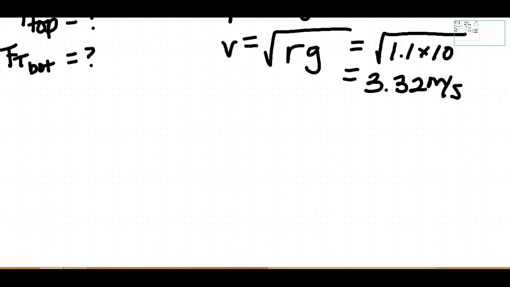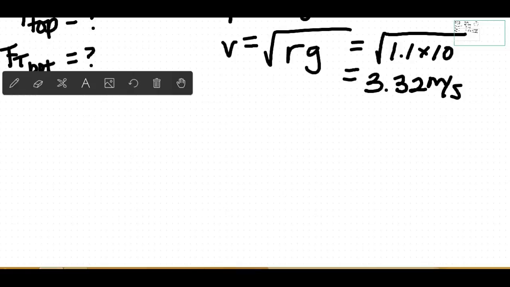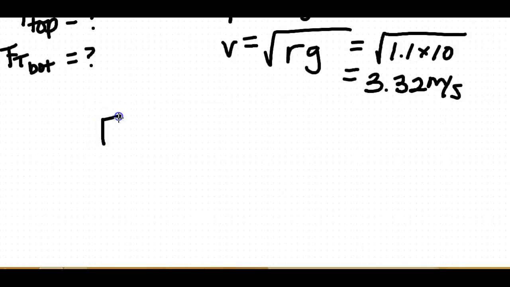Now the next part, we want to figure out exactly how fast it is going to be when we hit the bottom. The speed at the bottom is basically going to be double the speed at the top, because the forces are now additive. So at the bottom, we have a force of tension minus force of gravity equal to centripetal force.